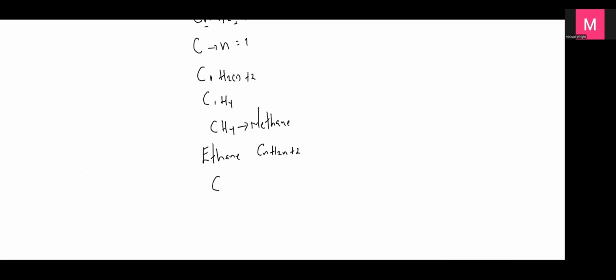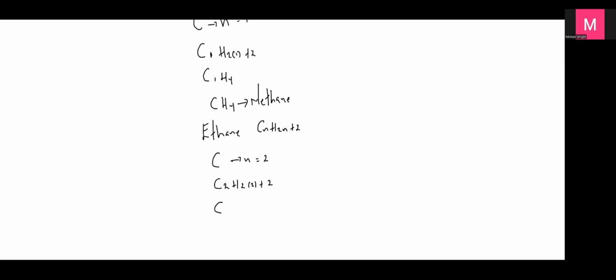So I replace it. C2H2 times 2 plus 2. And I would say that the global formula for ethane would state that this molecule can be represented as C2H6. Okay. And this is the formula of ethane.